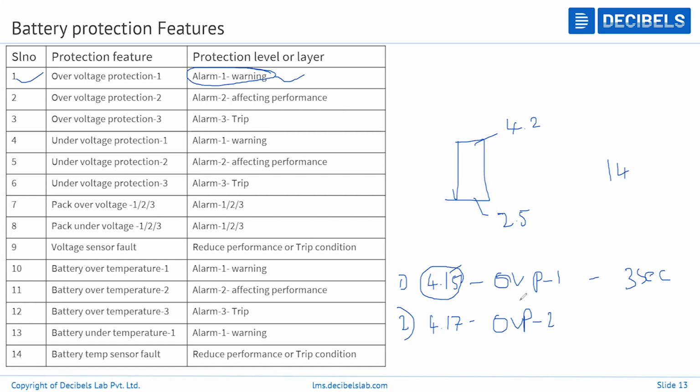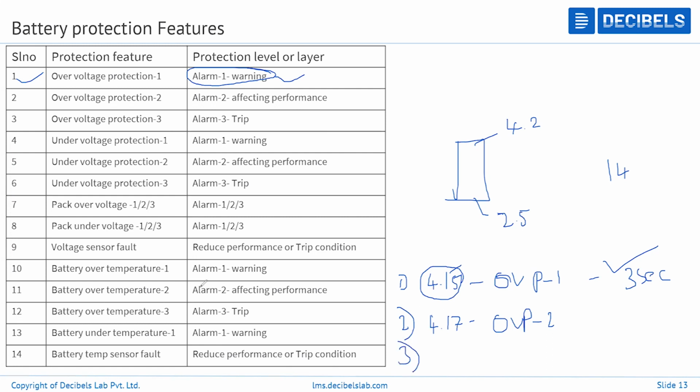Means you are charging the battery; first you will reach 4.15 and get the warning, but no effect on the charging side. When it reaches 4.17, you are going to reduce the charging current. It might be reduced to 50% or 25%.